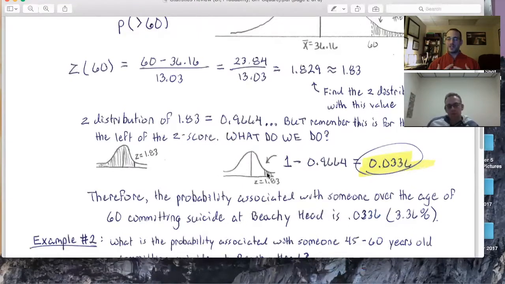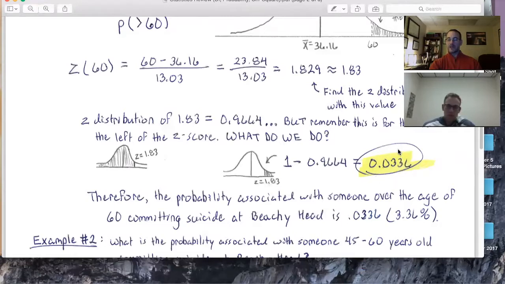We know that the probability associated with any value always ranges from 0 to 1. All of the probability under the entire curve adds up to 1. So if we take 1 minus that value of 0.9664, we should get everything in this tiny portion of the curve, everything to the right of z equals 1.83.